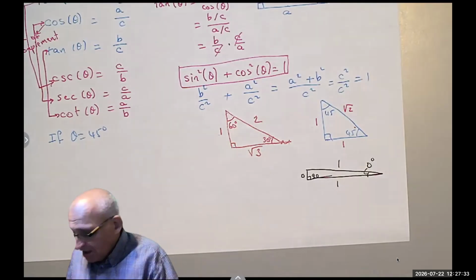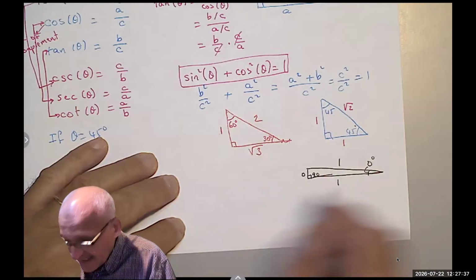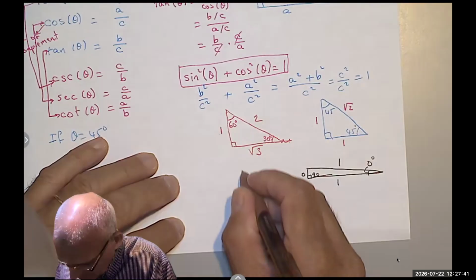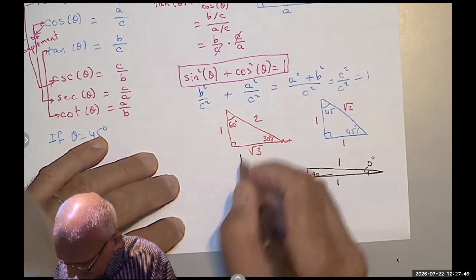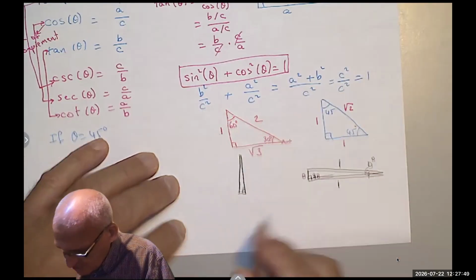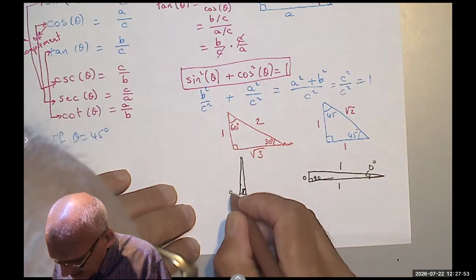And someone would say, oh, but I can make this angle 90 degrees. And in that case, it's the same triangle, but I turn it over. So if this is 90, then that also would be 90.